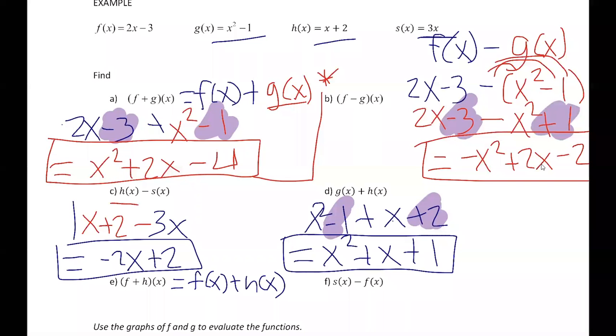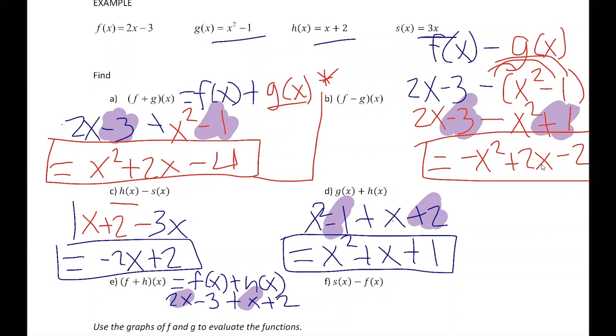Let me resume. So for E, if you're adding, it's not too bad. You're just going to write them, so f of x is 2x minus 3. So plus, and then our h of x is x plus 2. The only thing, after you do this, you want to combine your like terms. So we can combine our x's here. So 2x plus x, remember that's 1x.